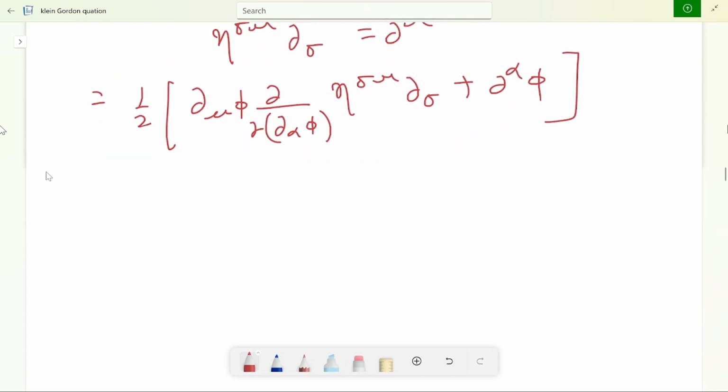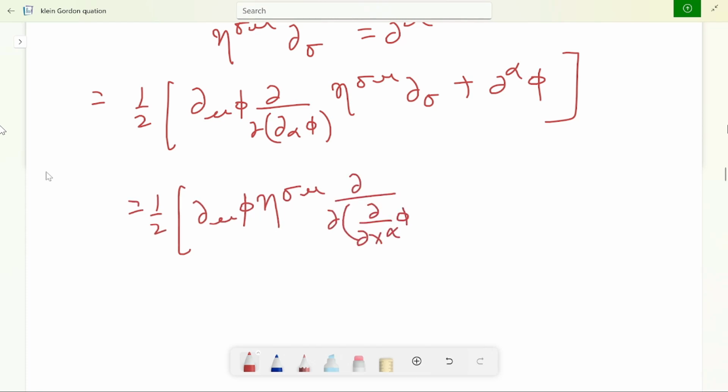Let us simplify this equation a bit further. This is going to be d mu phi, and let's bring this term over here to simplify it a bit. We have some eta sigma mu, and we are taking the derivative with respect to dx alpha of some dx sigma phi, right?